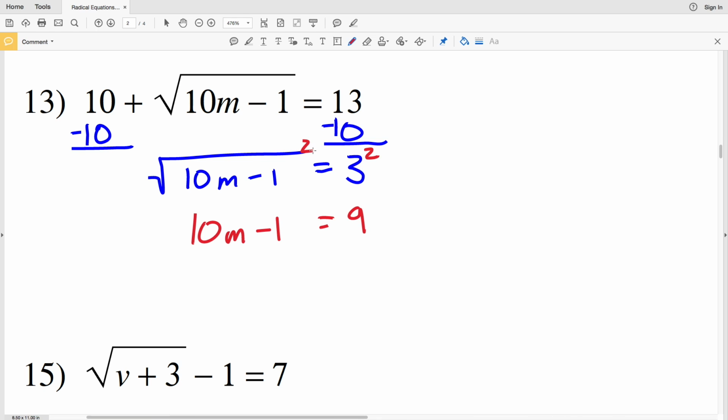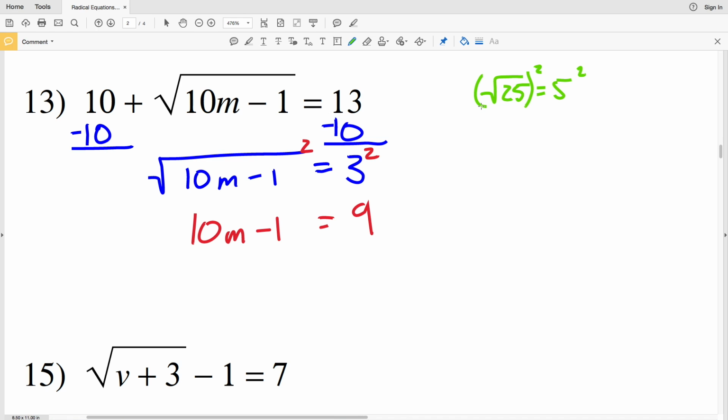The reason we square is because the square essentially counteracts or cancels out that square root. Let me go ahead and show you an example real quick. We know that the square root of 25 equals 5. That's because 5 times 5 gives us 25. If we were to start by squaring the left-hand side, whatever we do to the left, we also have to do to the right.